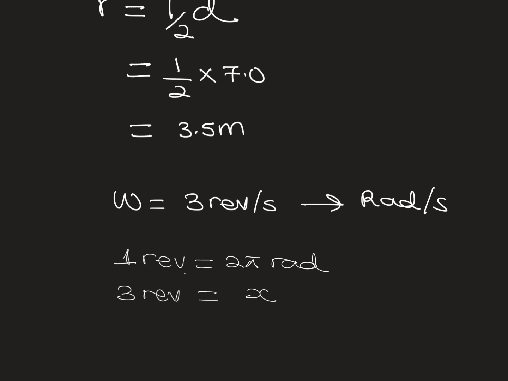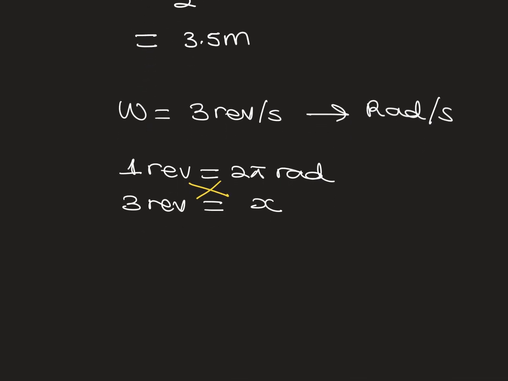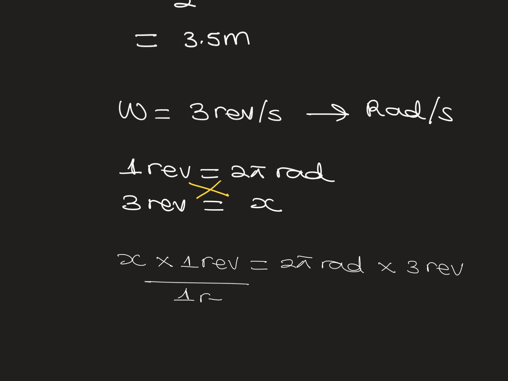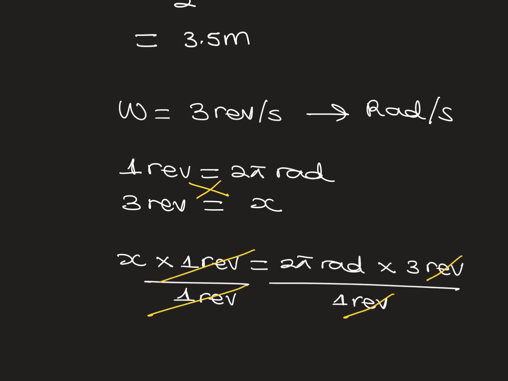What we do, we cross multiply, and if we cross multiply, that will be x times 1 revolution is equal to 2 pi radians times 3 revolutions. To find x, we divide both sides by 1 revolution. So revolution cancels revolution. The same thing here.